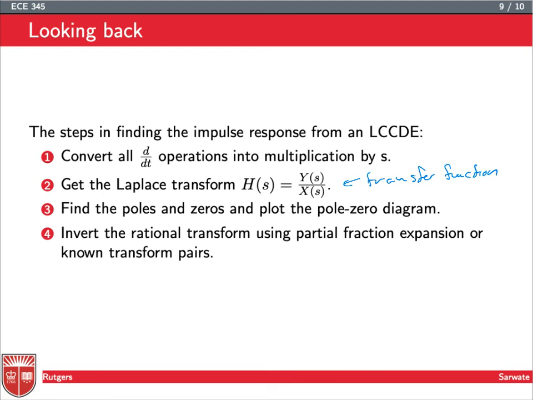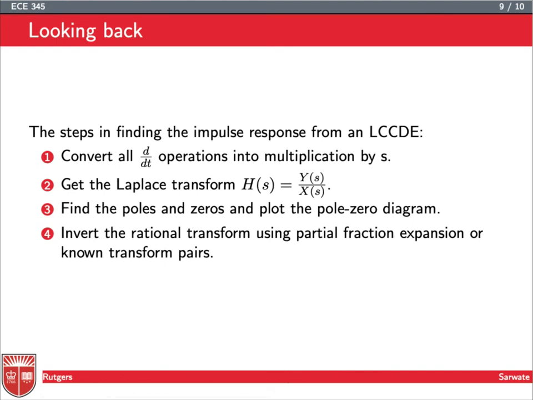And then we want to use the pole zero diagram to choose an ROC based on what we want out of the system. Do we want it to be causal? Do we want it to be stable, etc.? And then we invert the rational Laplace transform using partial fraction expansion and known transform pairs. And those are the steps that you take, starting from an LCCDE plus a description of what kind of system you want, to get back to the impulse response, right?